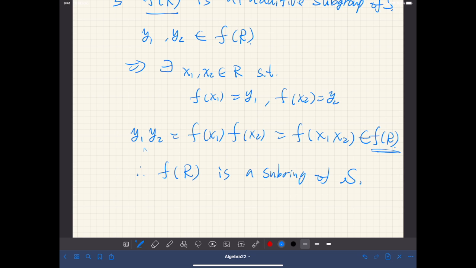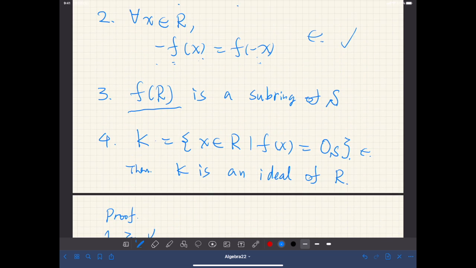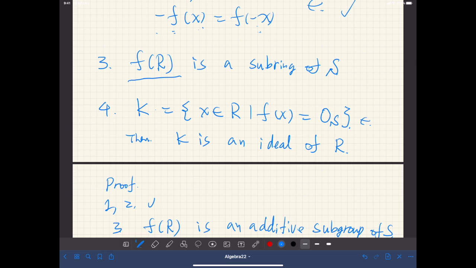And for part 4, as we have mentioned, this is the kernel of this mapping f, if we regard this as a group homomorphism.